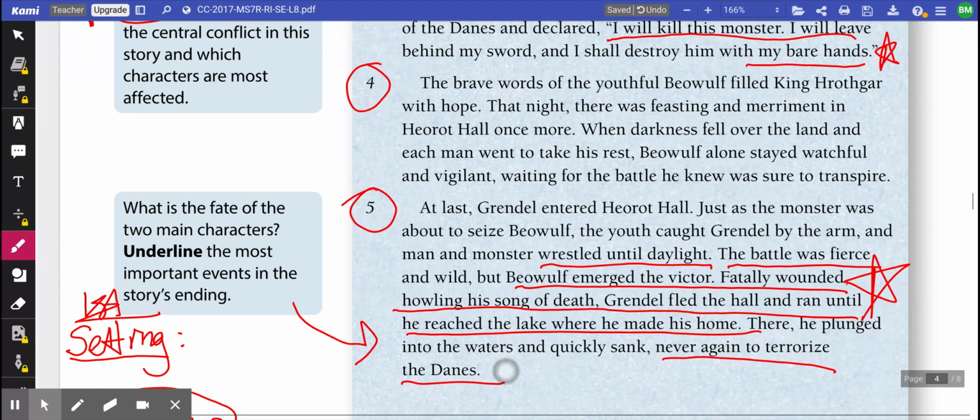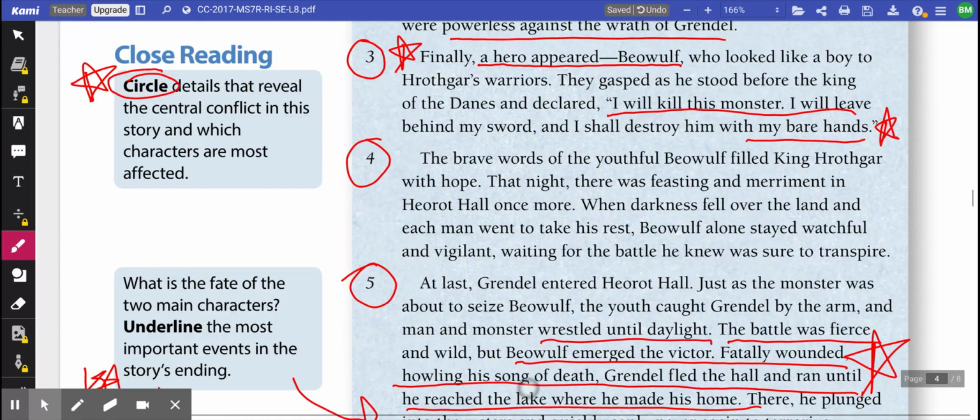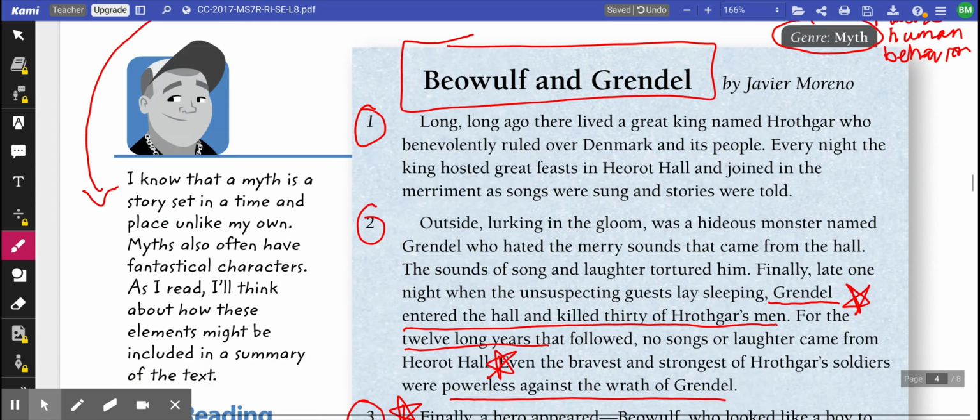So, and by the way, hopefully you realize that your setting is long ago in Denmark at the king's castle, which was named Harrod Hall because back then they named their houses or their castles. So we had King Hrothgar lived at Harrod Hall in Denmark, which is over in Europe for those of us that don't know.